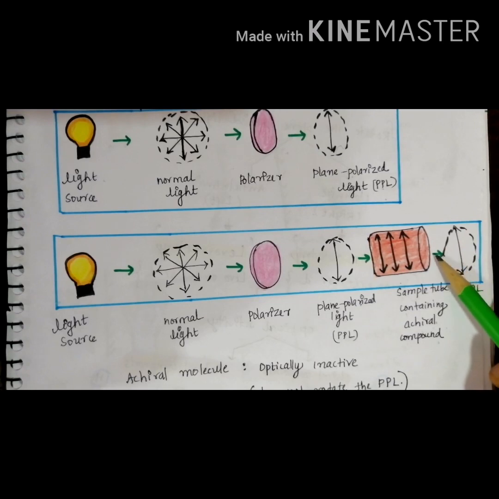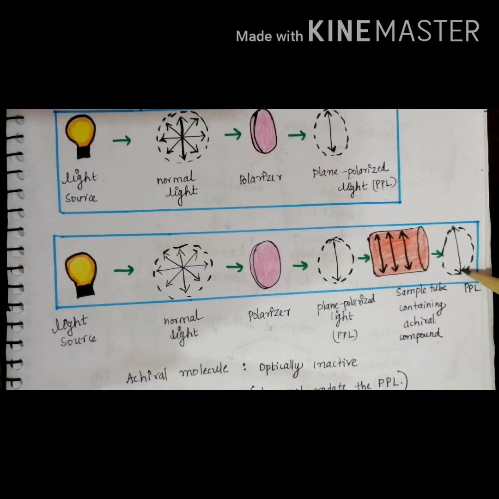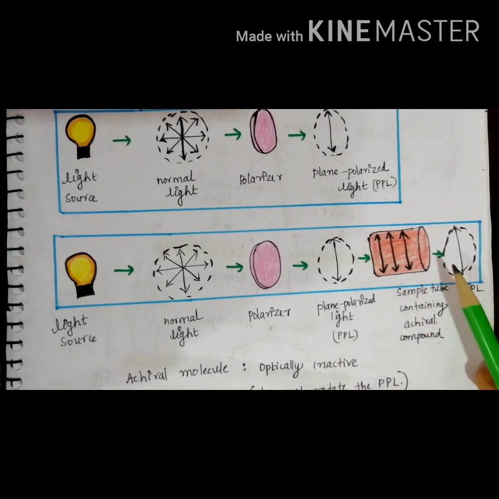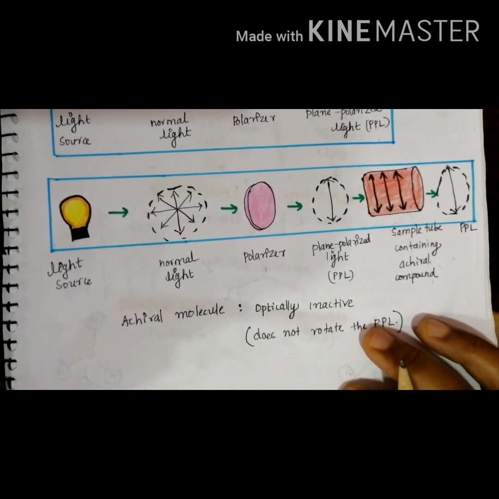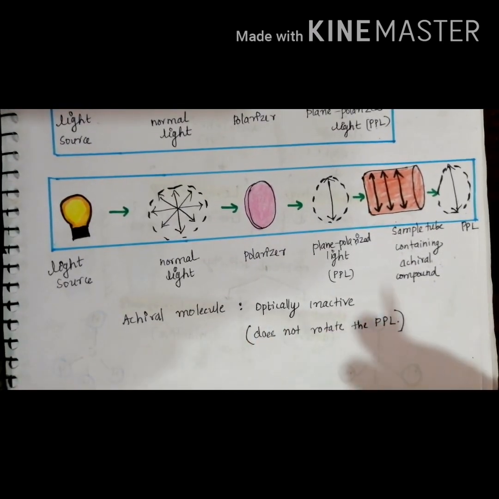Then we can observe there is no change in the PPL. Its direction is in a single plane, and after passing through the sample tube there is no change in the light wave; it is also in a single plane. That means the achiral compound does not rotate the PPL. So our observation is that achiral molecules are always optically inactive because they do not rotate the PPL.